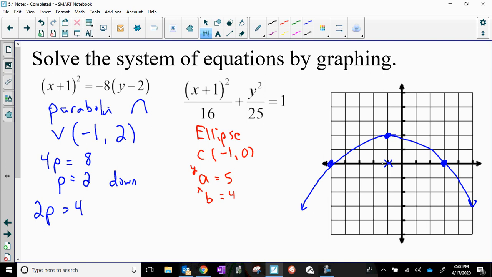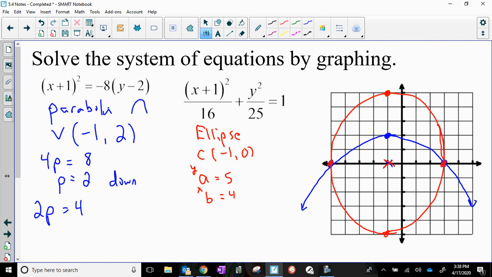So I'm going to mark my center. Again, this is not on the graph, so I'm going to use an x to remind myself this is not a point that's on the graph, so it can't be one of my solutions. I'm going to go up and down 5 to get my vertices, and then left and right 4. And as best as I can, I'm going to draw my ellipse.